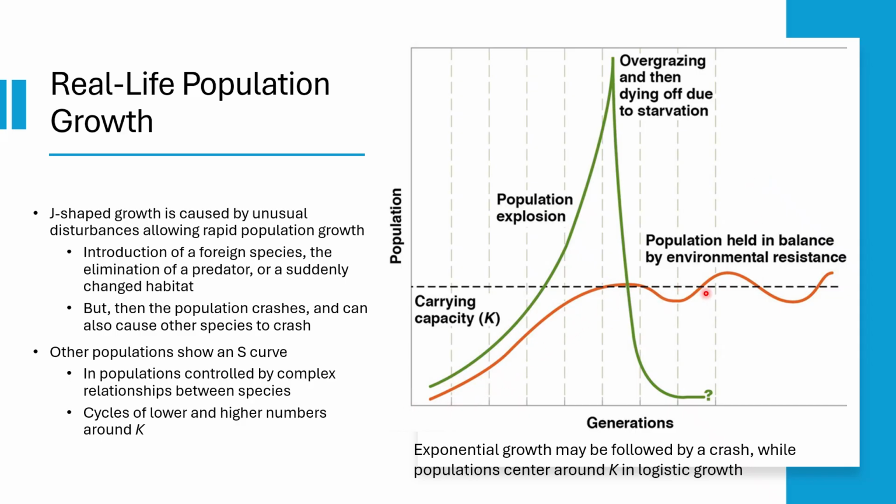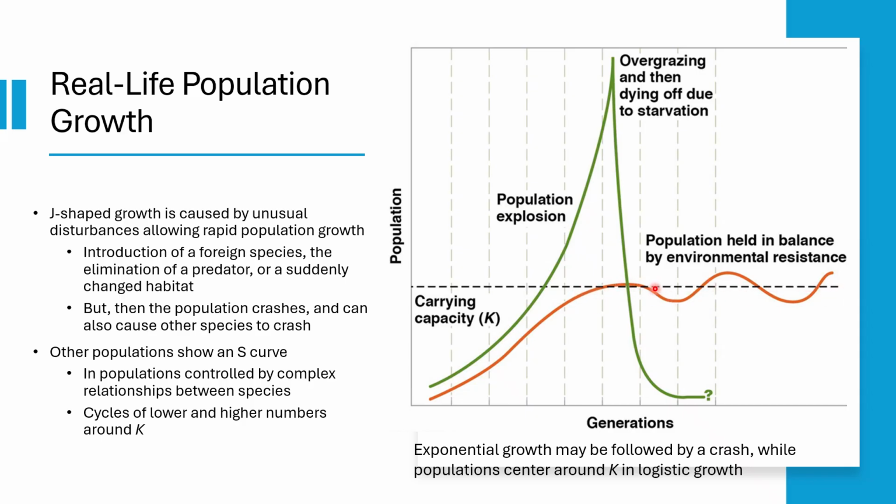The sigmoid model, or the S-shaped model, happens when you have a population that has established complex relationships with other organisms in the ecosystem. And when you actually look at the numbers, they do not stay stable at the carrying capacity.